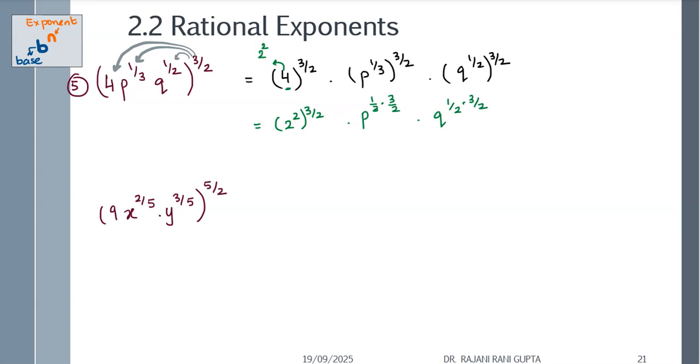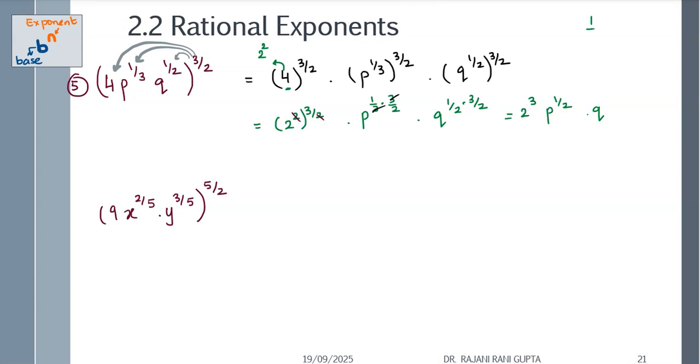So what you can see here, you can cancel this 2 with this 2 in the denominator. So you are left with 2 power 3. Again, in the second term, you can cancel 3 and 3. You are left with p power 1 over 2. Here, nothing cancels, so it will be q.